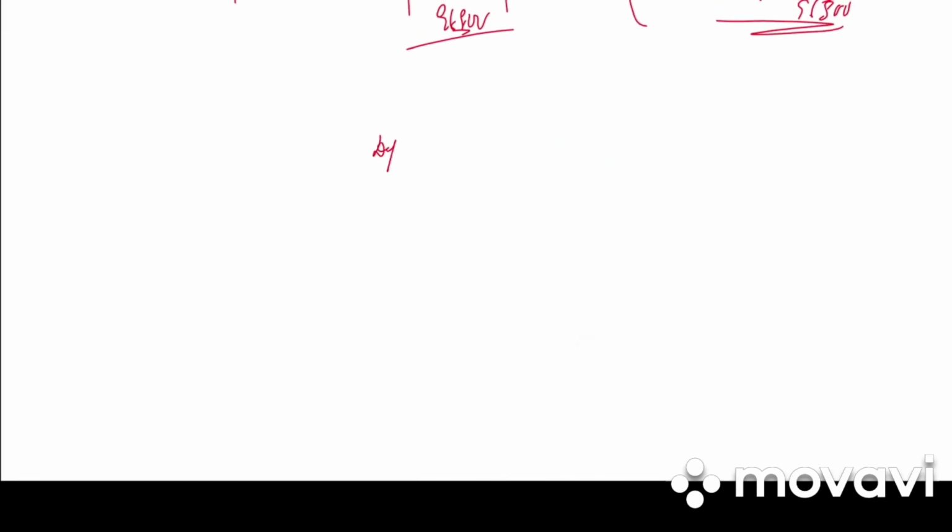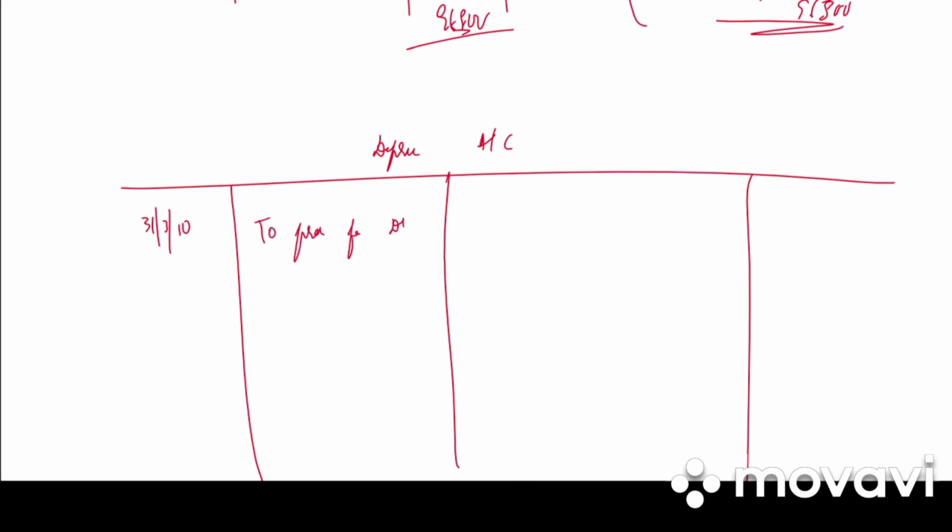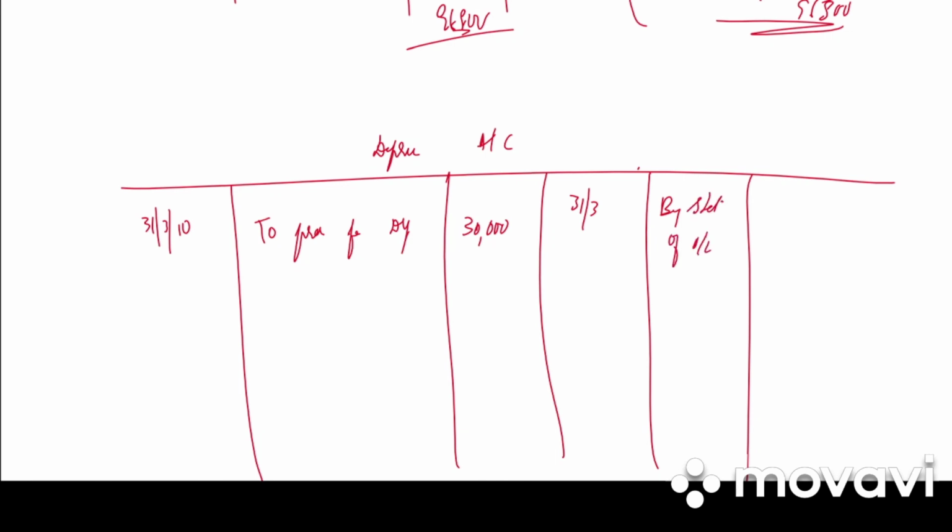Last you need to prepare the depreciation account. So first on 31st March 2010 to provision for depreciation account, write the full form 30,000. Then on 31st March 2010 by statement of profit and loss account 30,000.